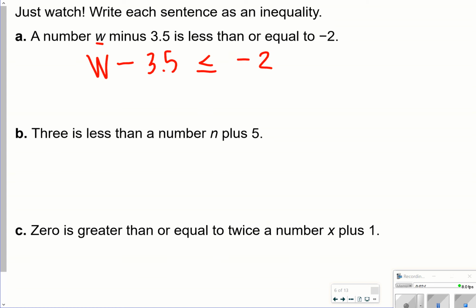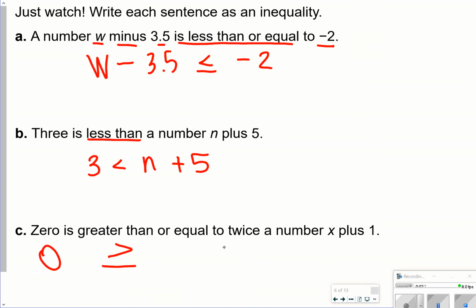Okay, so you're basically breaking down each part of the sentence and writing the inequality. This one says 3 is less than a number n plus 5. And then the last one we have on here before you try some on your own, 0 is greater than or equal to twice a number x, so 2 times x plus 1.